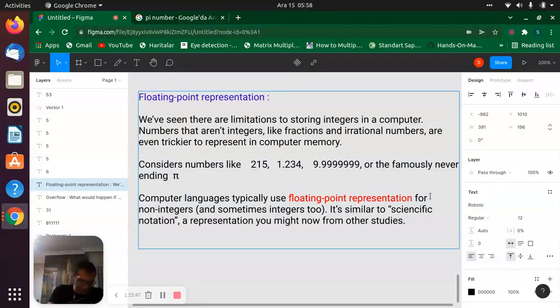Okay, let's say in floating point representation, let's do it: floating point representation.